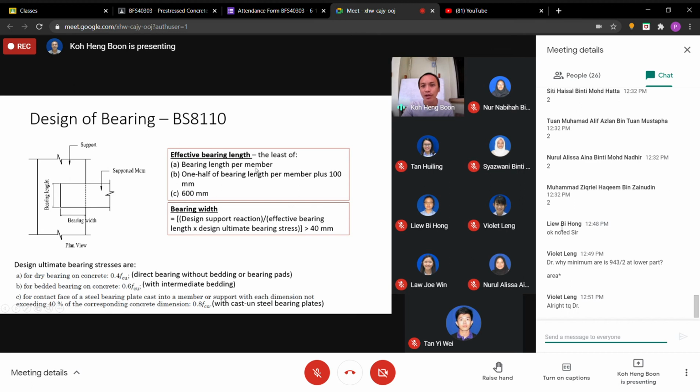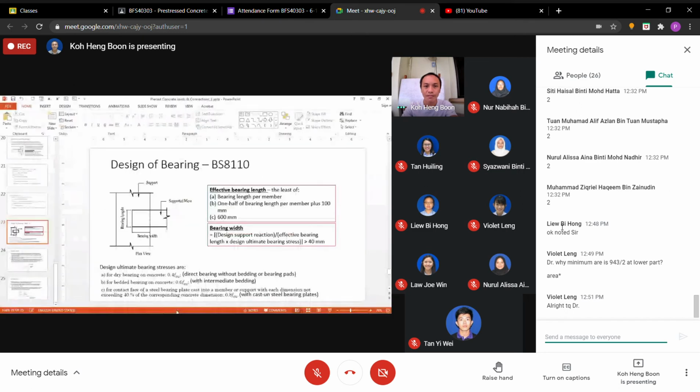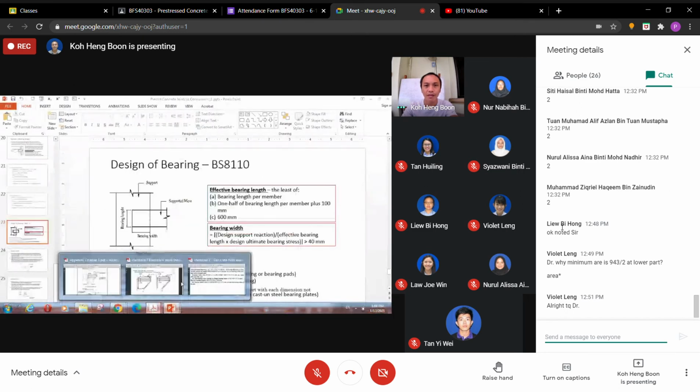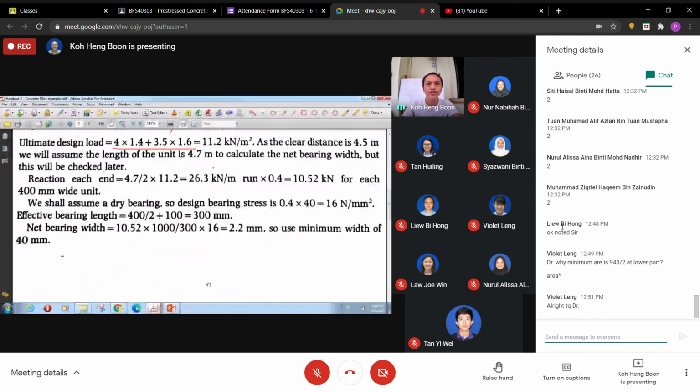So basically we compare this one and this one. This will be critical; this one will be lesser. So we use this value here. How to get this value here? So we get 300 mm.